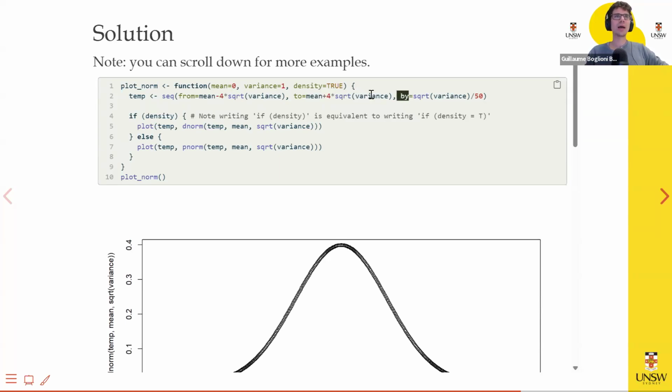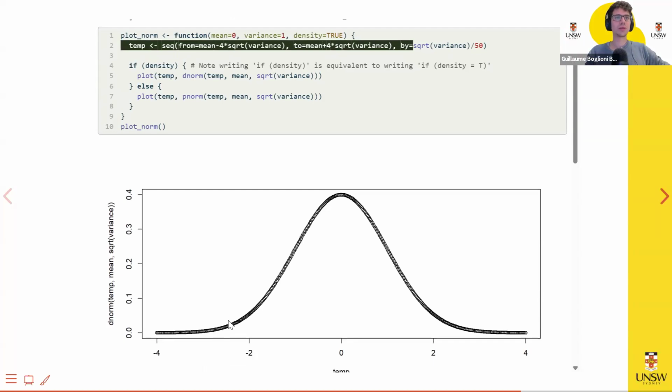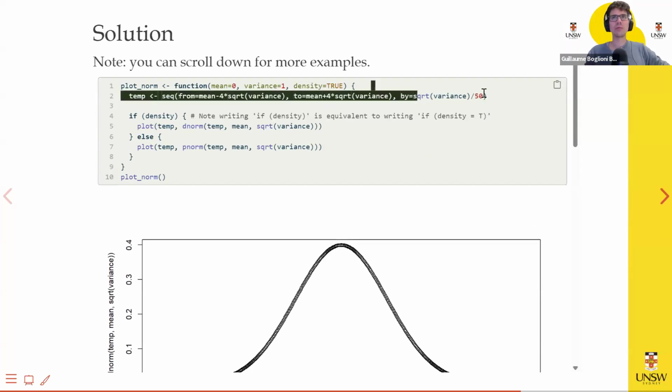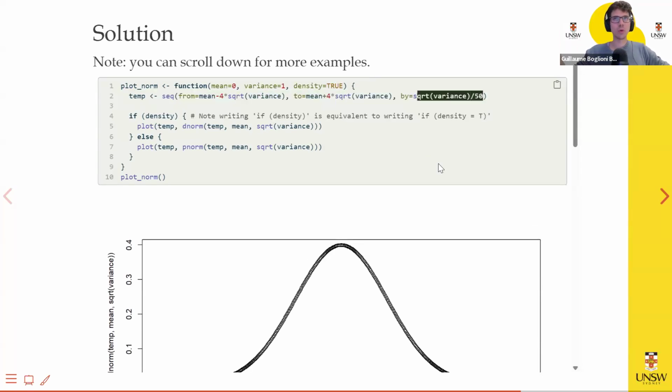So the argument by in the function seq is just giving me the intervals between elements of the vector. And here, kind of arbitrarily, I choose this, which should be relatively small, such that between 2 points at which the function is evaluated, there's a relatively short gap. But you could have put whatever small number here, like 0.01.